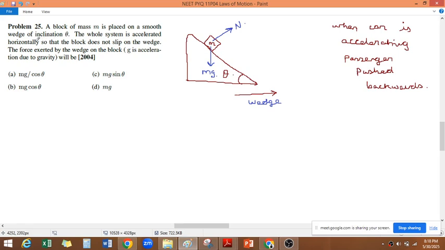The whole system is accelerated horizontally, so the wedge acceleration is a. If the car is accelerating with an acceleration a, the passenger will get pushed backwards with an acceleration a. We call this pseudo acceleration or pseudo force. Because of the wedge acceleration, this will be pulled backwards with a force m into a. So we can call this F is equal to ma.